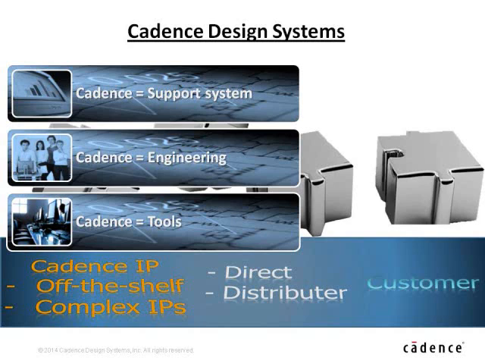I also want to emphasize the difference between complex and simple IPs, what we call off-the-shelf. Basically an IP that can be sold easily with a little support, and complex IPs that need a lot of support. Let me give the two angles.